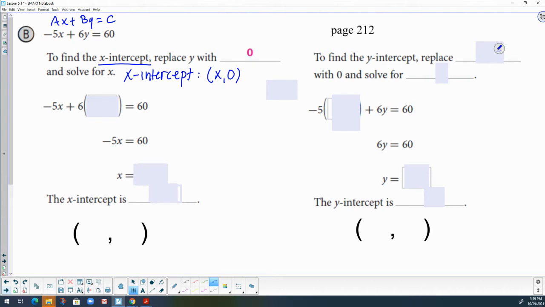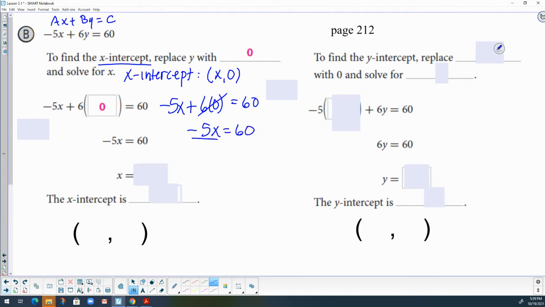So I'm going to take my equation, this -5x plus 6y, so 6 times 0, is equal to 60. I'm just going to substitute in 0 there for my y. Now this just simplifies out, so what I have is -5x is equal to 60.